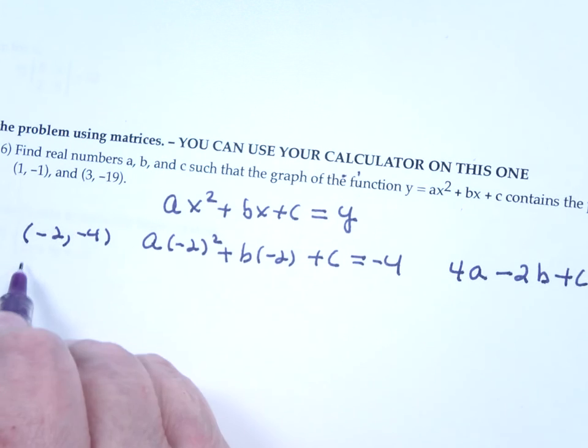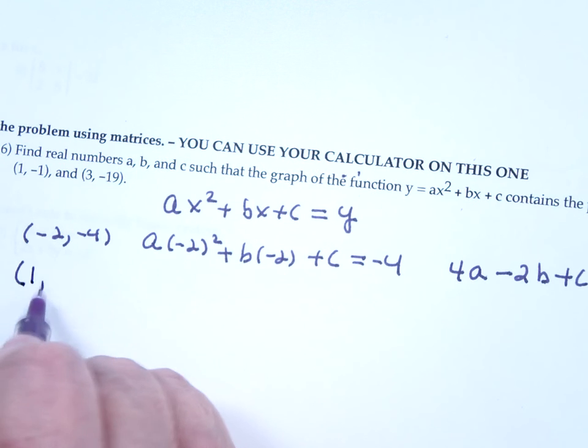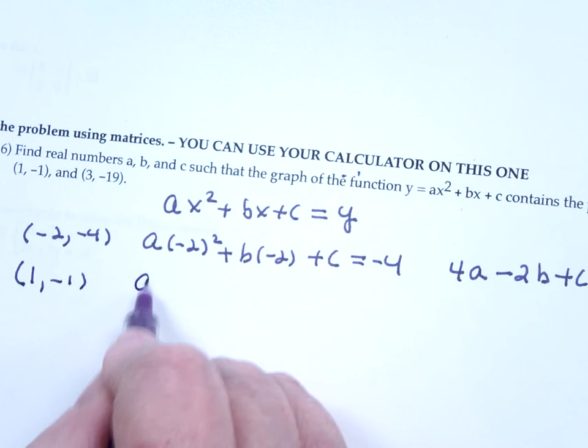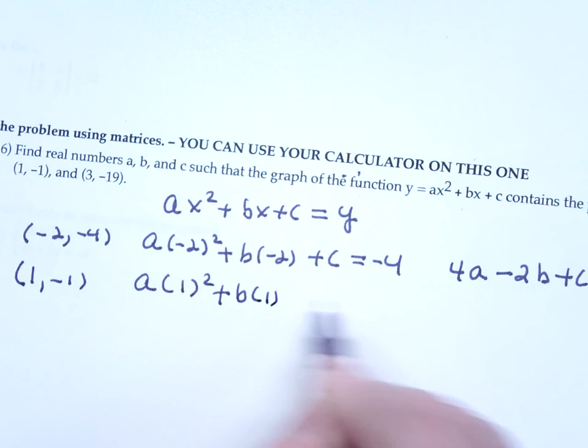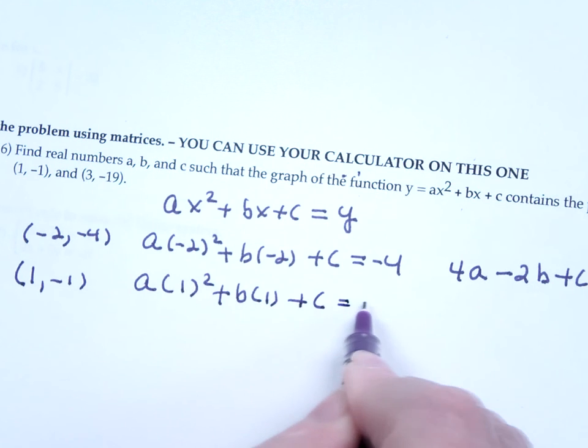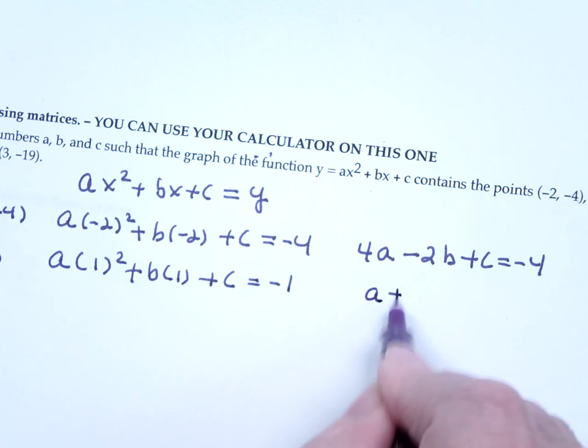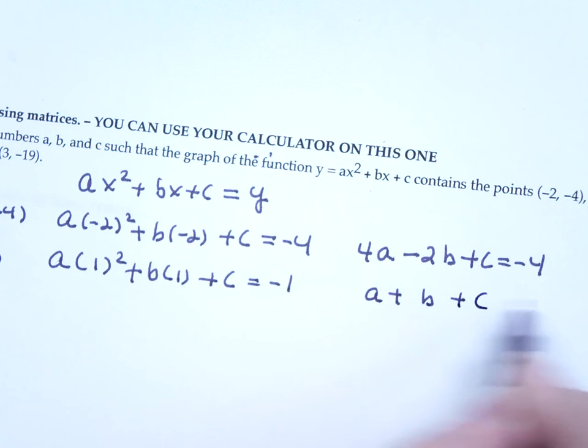My second coordinate is 1, negative 1. So a times 1 squared plus b times 1 plus c equals negative 1, or a plus b plus c equals negative 1. So that's equation 2.